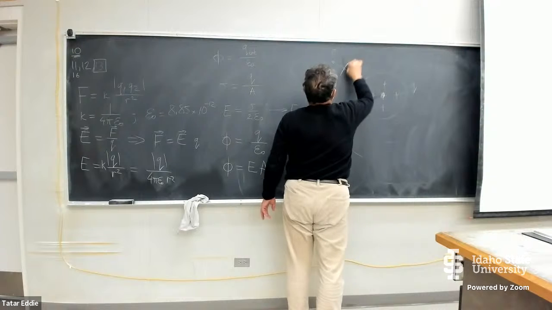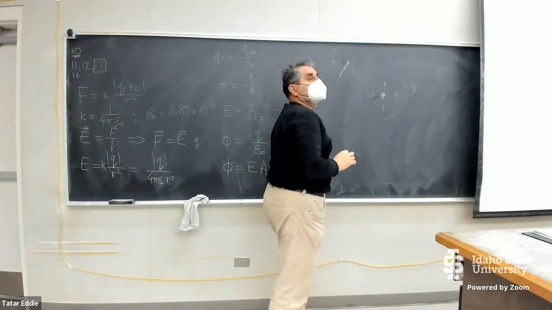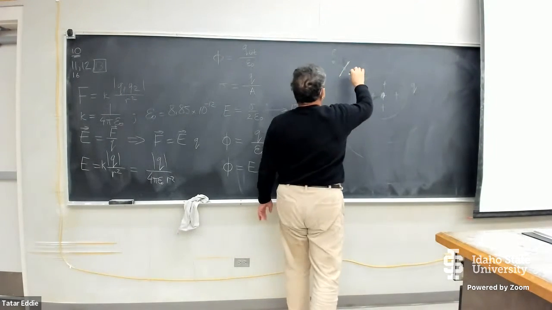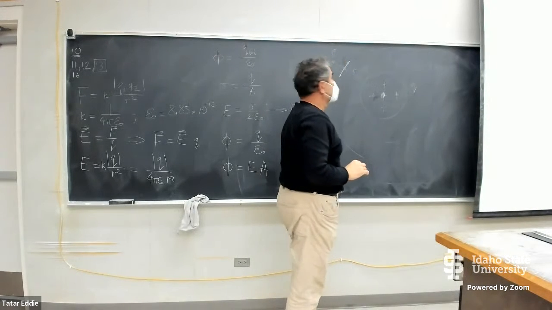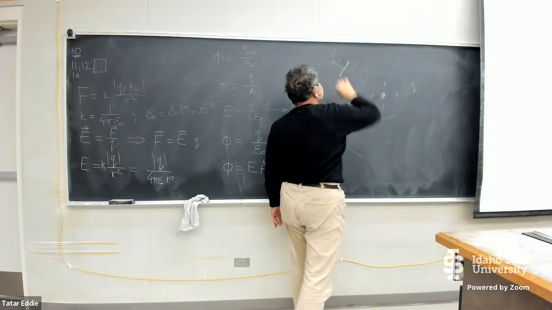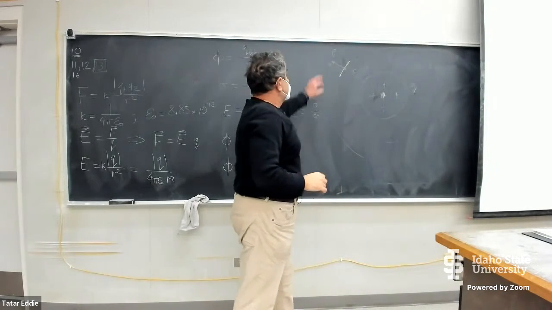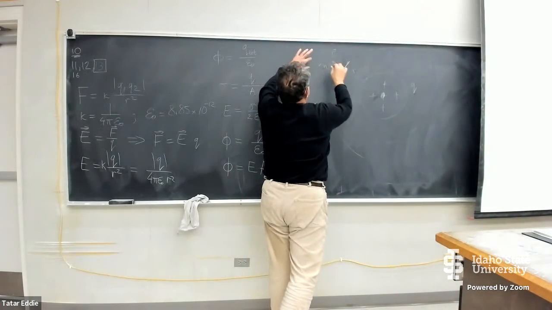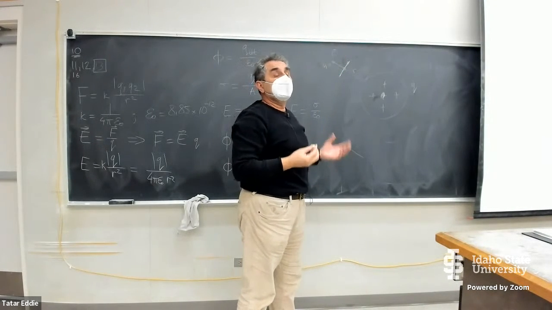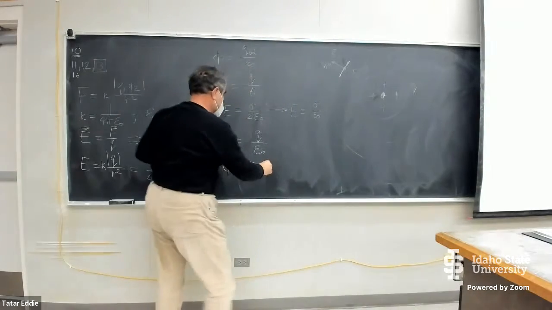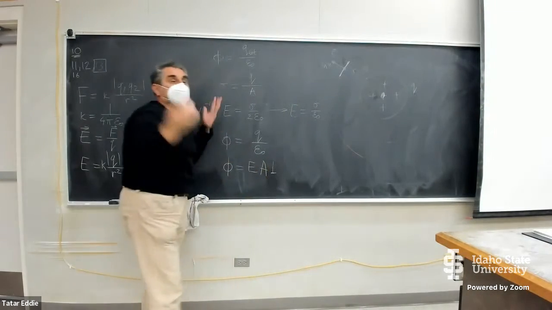But look, here is one piece of that area. The normal to that area is exactly in the radial direction. The electric field is also in the radial direction. The angle between the normal and the electric field is 0. Cosine of 0 is 1. So just multiply by 1 if you want.